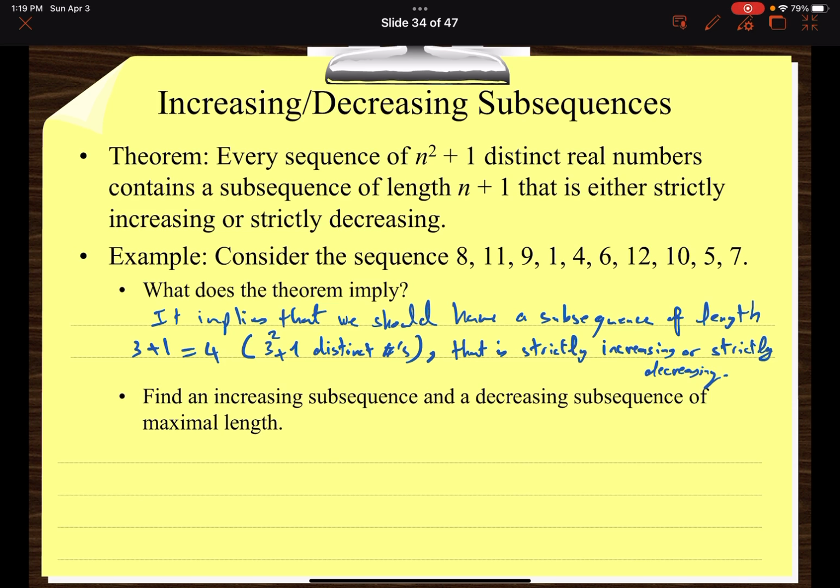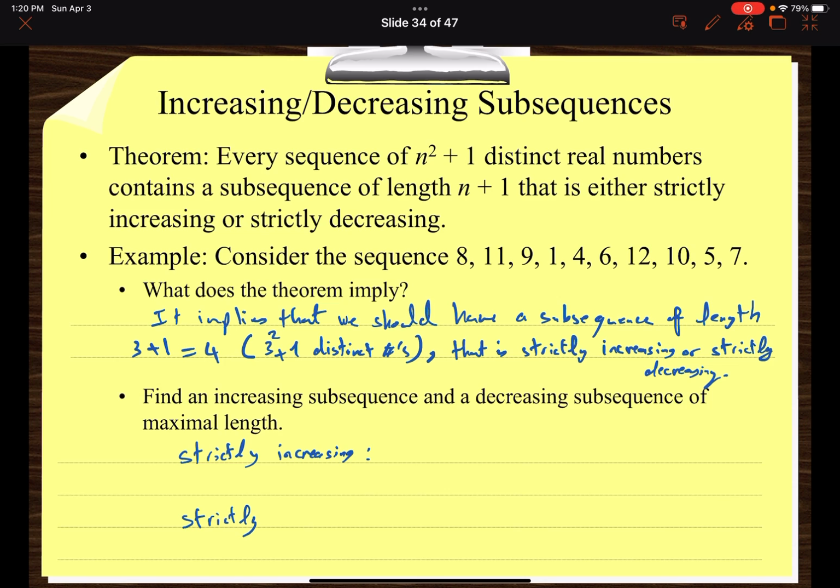Okay? So now, who can propose a strictly increasing subsequence of maximal length from this sequence? Maximum, meaning the highest that we can get, the maximum number of elements.